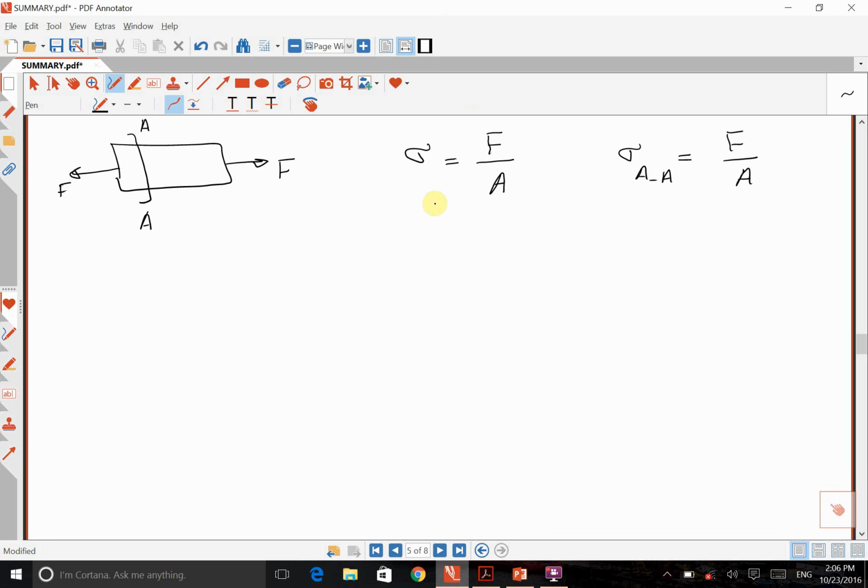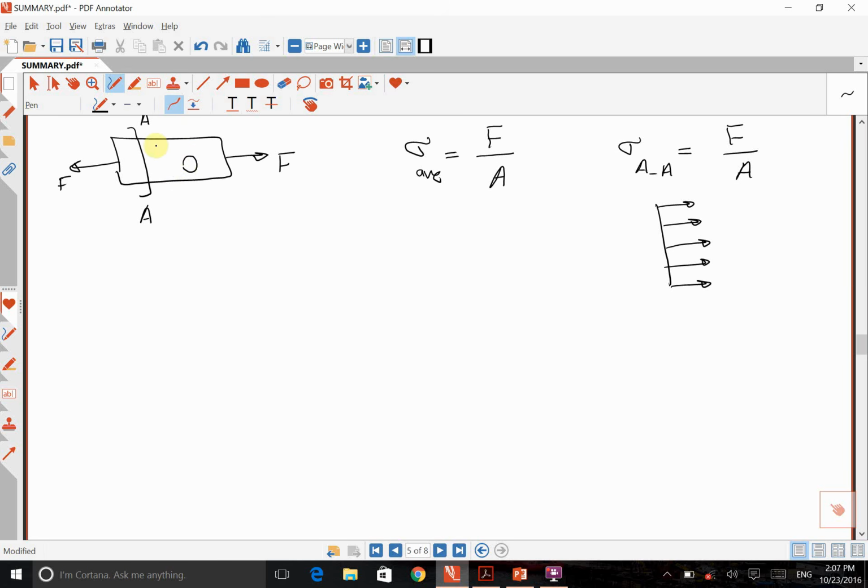This stress here is the average stress at the section. By that I mean if that's section A, stress at all points at this section is assumed equal to F over A. If I had a hole here like that, if this section is far from the hole, stress at this section can again be represented by this equation.